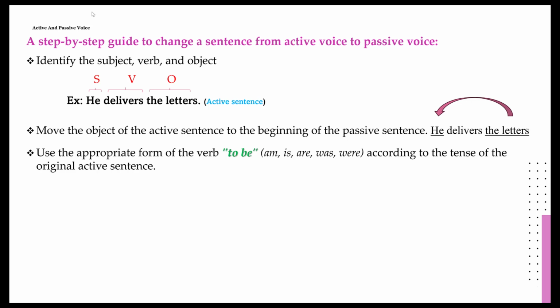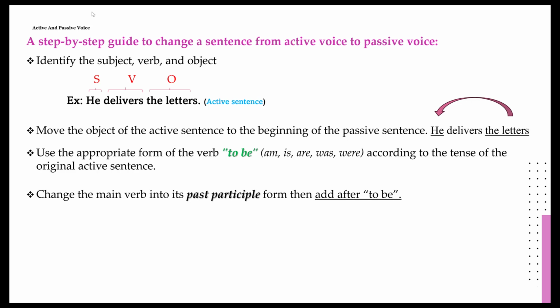Our new subject is the letters. Step 4. Change the main verb into its past participle form and add it after the to be verb. In this example, delivered is the past participle form of delivers.